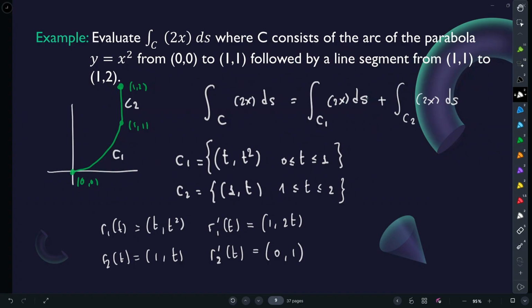And you might wonder at this point, what if I parameterize these paths in a different way? What if I speed up? What if I go faster than you are, and then I do that integral? Well, that's why we are parameterizing and then integrating against the length of your tangent vectors, because if you do what I did in the parabola from 0 to 1, you are able to do it from 0 to a half, then you're going to go faster, and the tangent vectors are going to be longer.